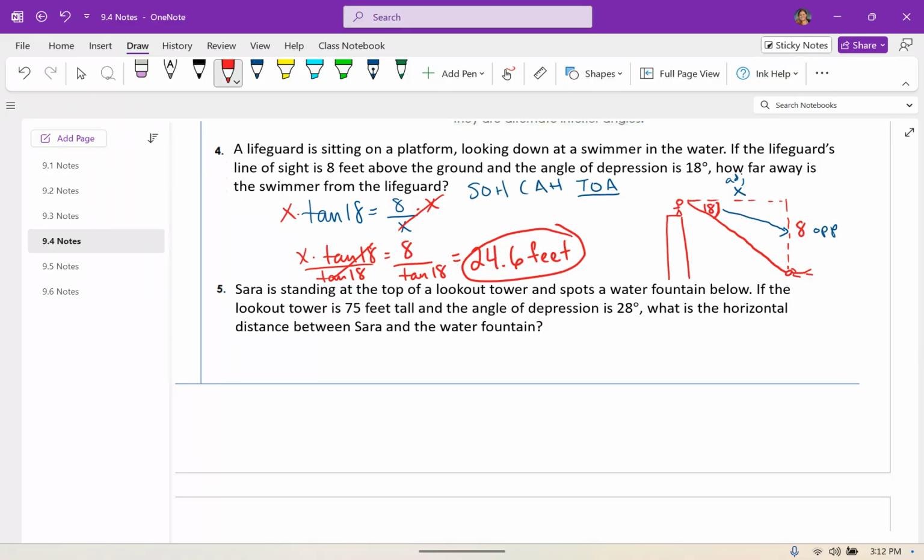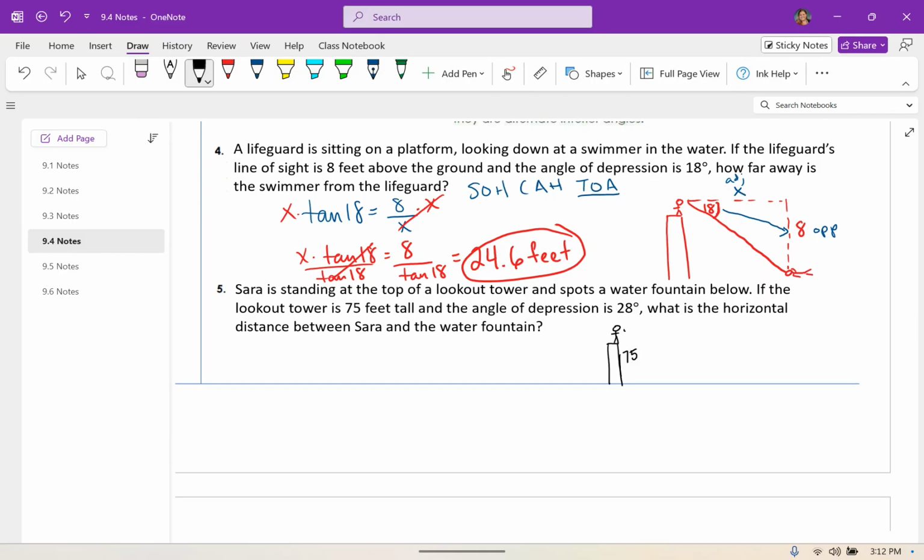Okay, the next question. Sarah is standing at the top of a lookout tower and spots a water fountain below. The lookout tower is 75 feet tall, and the angle of depression is 28 degrees. So here's my lookout tower. Here's Sarah. Sarah's huge because that's 75 feet.